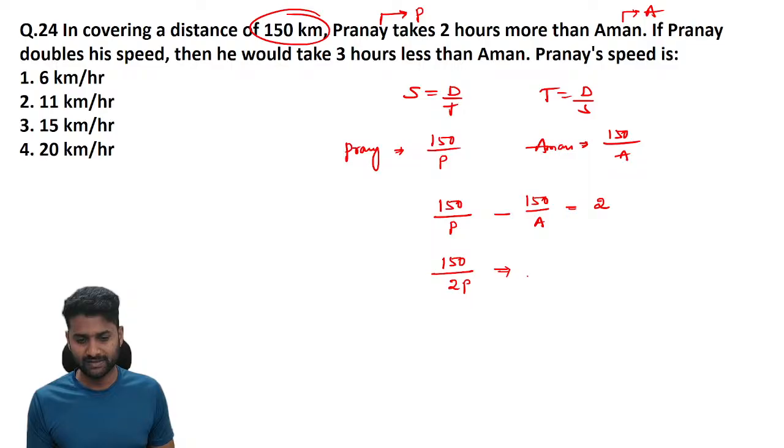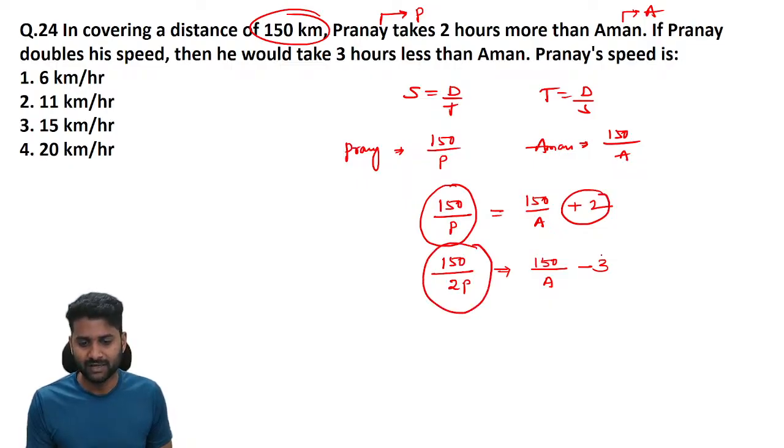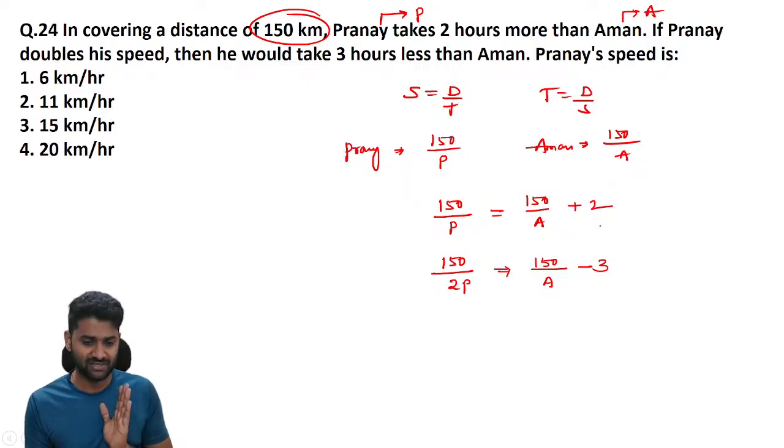Because it is 150 divided by A and it takes 3 less. Understand the calculation. This is plus 2. Clear? Pranay, if running at a speed of P, takes 2 hours more. If running at a speed of twice, he takes 3 hours less. So this is the way you have to arrange the equation. Is it clear?